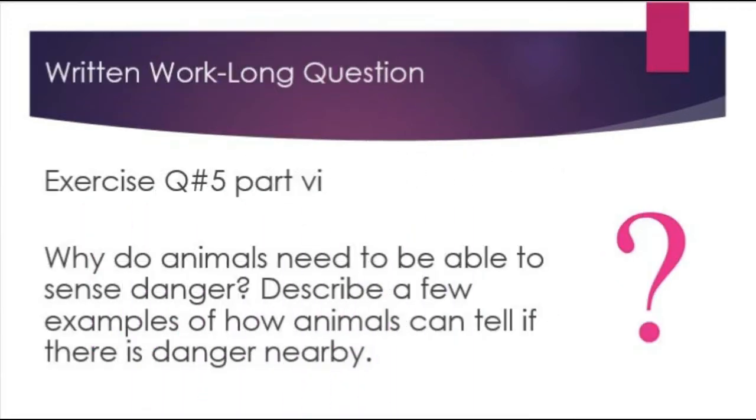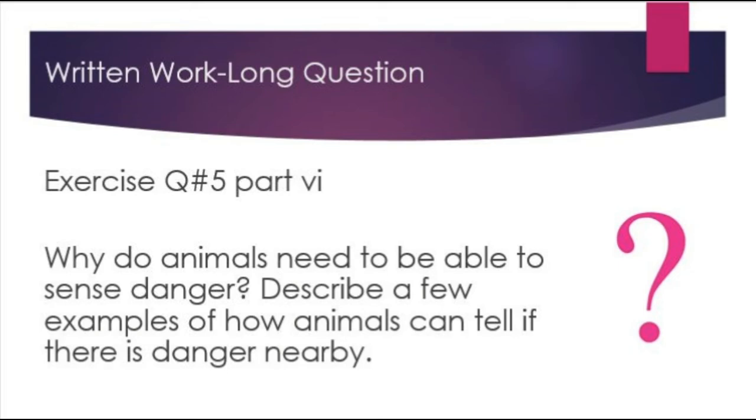Dear students, you have to answer 2 questions in your notebooks with the help of your books and these presentations. The first question is exercise question number 5, part 4. Write a detailed answer to this question. The question is, why do animals need to be able to sense danger?